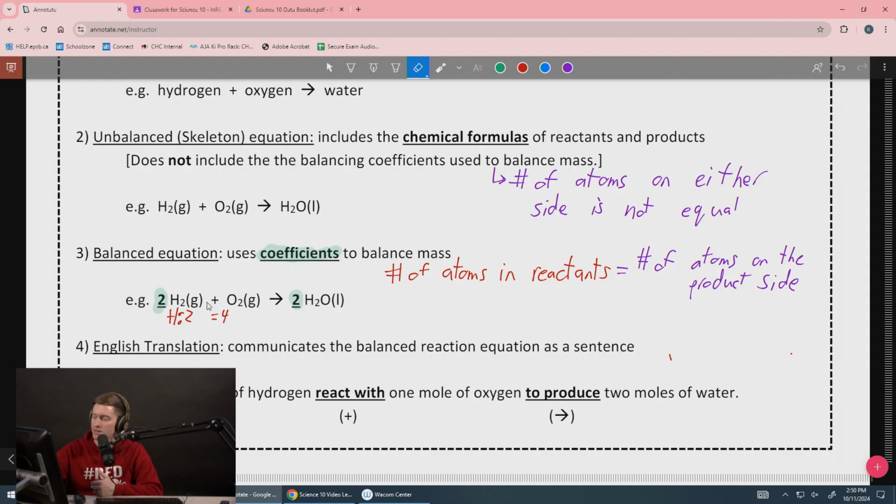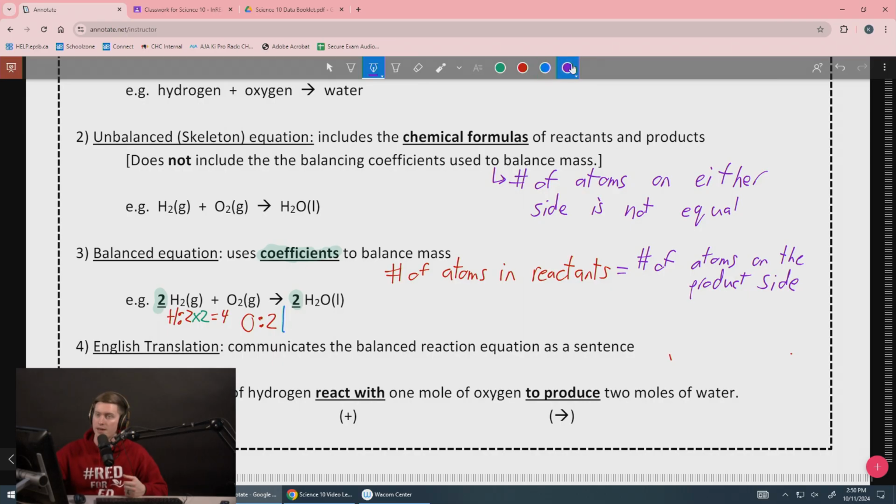I'm just going to highlight this 2 in green here because we're multiplying by this coefficient. We had 2 hydrogens, we multiplied by 2, so now we have 4 hydrogens total. We also have 2 oxygens. If there is no coefficient, we assume that the coefficient is a 1. It's not like there's 0 oxygen molecules, there's just 1 oxygen molecule. So we have 2 oxygens and 4 hydrogens.